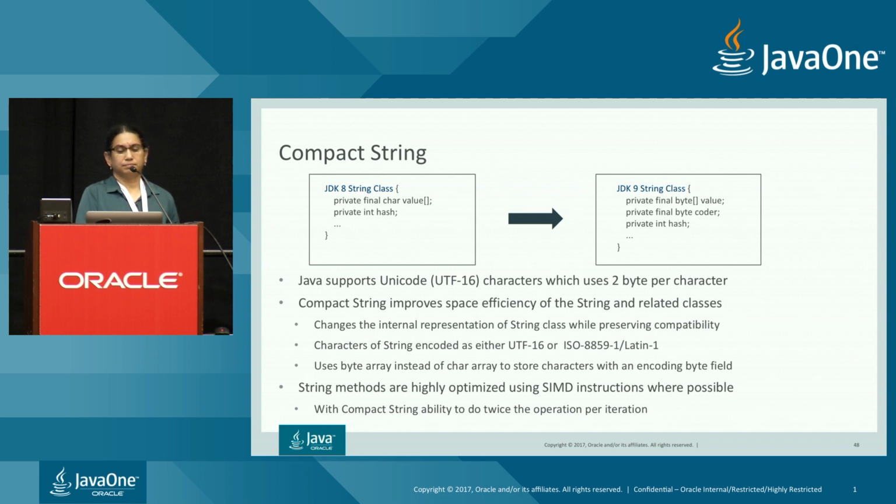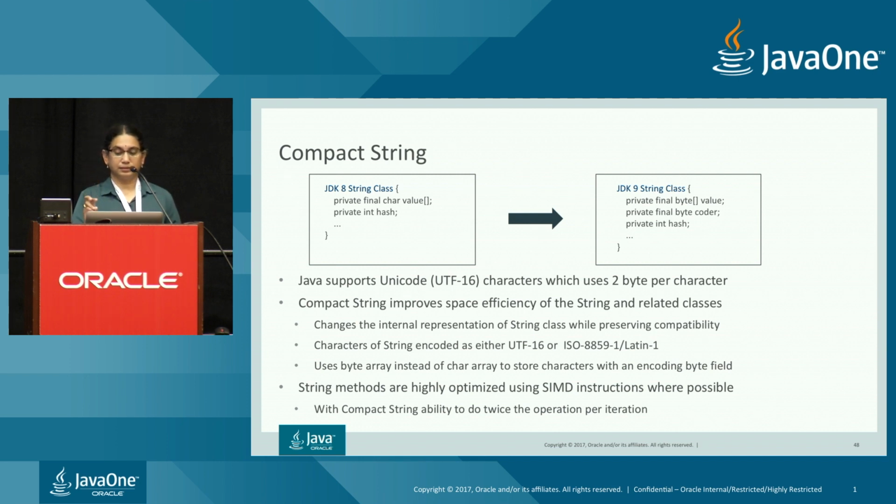Strings are used extensively in any Java program, so this reduces the underlying storage used by the program. Not only that, most of the string operations are done in the back using vector instructions. Because the string elements are now half the size, you can do double the operations behind the scenes, so a performance improvement is also possible.